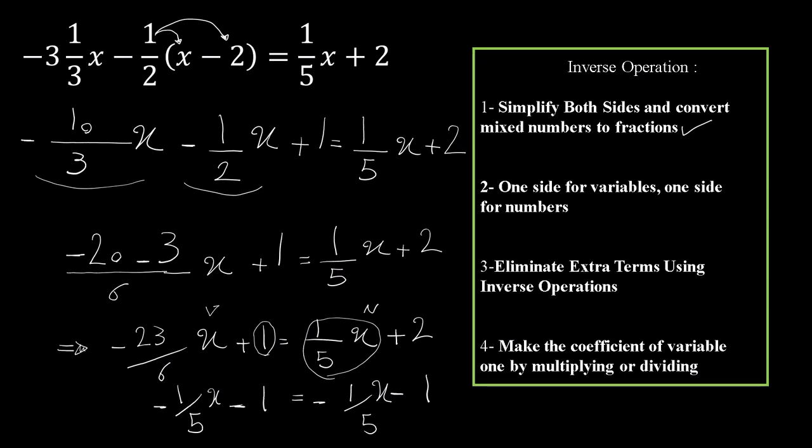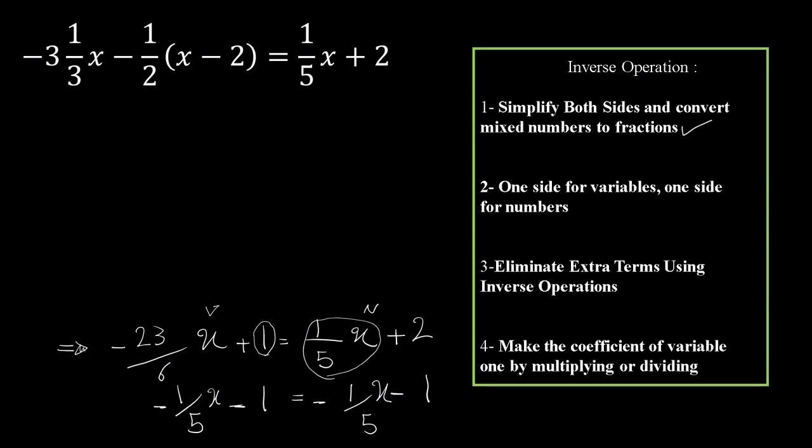Sorry, I have to raise the board to make some space for myself. Okay, if I add these two equations, these two terms are going to cancel each other out, and these two terms are going to cancel each other out, and I'm going to have minus 23 over 6x minus 1 over 5 x is equal to 2 minus 1 will be 1.